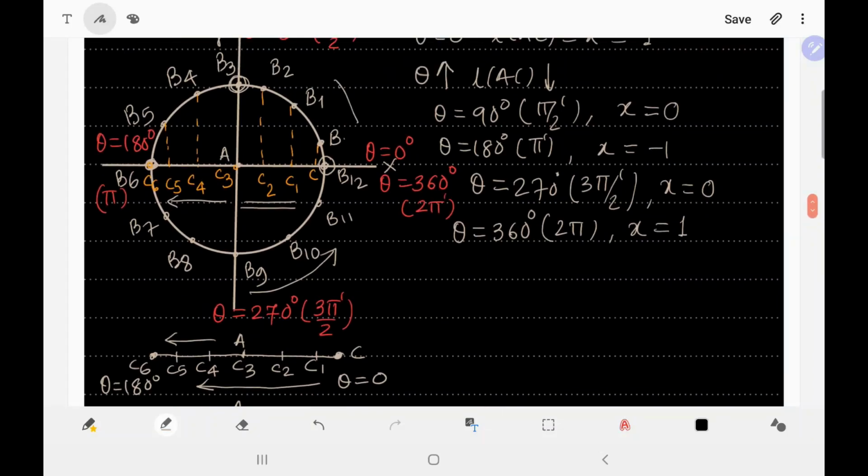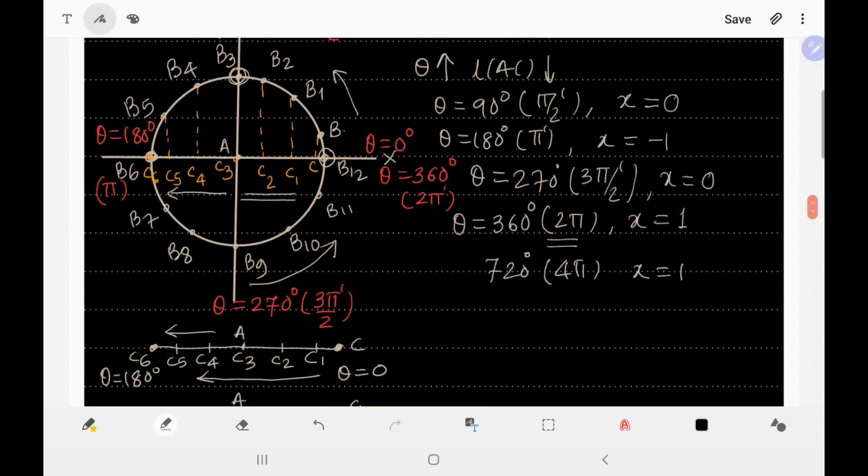If we increase theta further above 360 degrees, it can be easily concluded that the whole cycle explained right now will repeat again. And at theta equals a multiple of 2 pi, let's say 720 degrees, that means 4 pi, x will become 1 again.